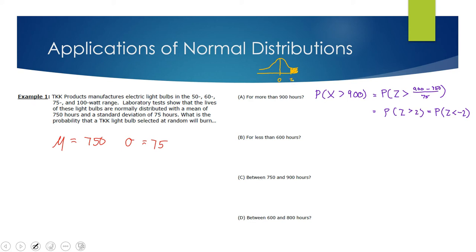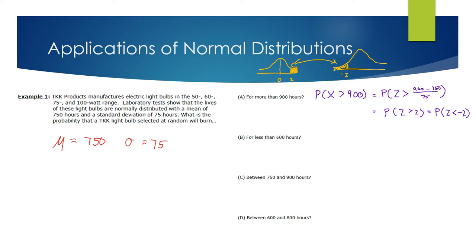Meanwhile, if we look at the right spot of the table at negative 2, I'll have this area. These areas should be the same thing. So that's what I'm noticing here because of the symmetry. Being more than 2 should be the same area as having z less than negative 2.